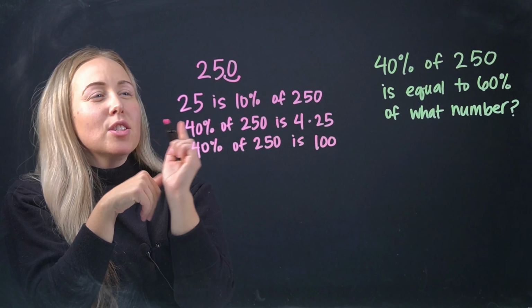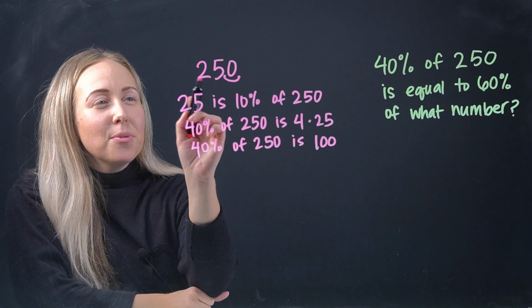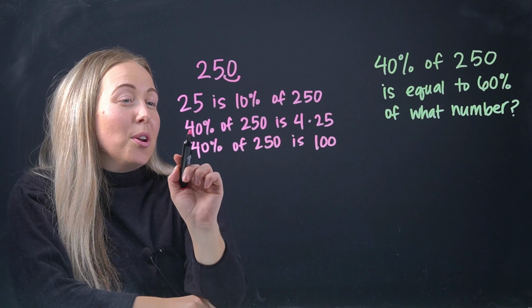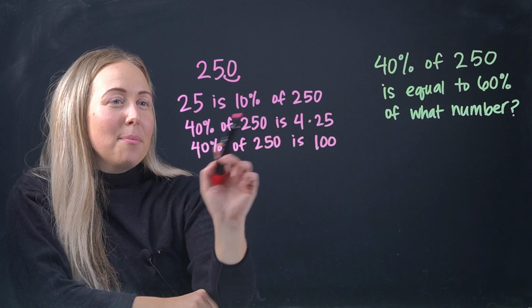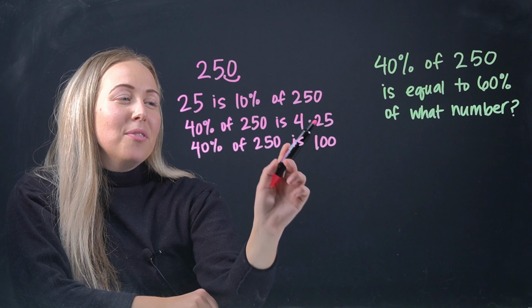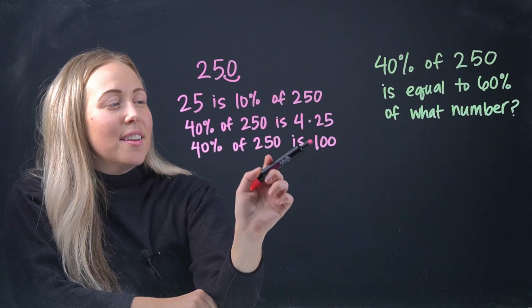Does that make sense? We took the 250, moved the decimal one place to the left, and got 25, which is 10% of 250. Now 4 times 10% is 40%, so 4 times 25 is 100. So 40% of 250 is 100.